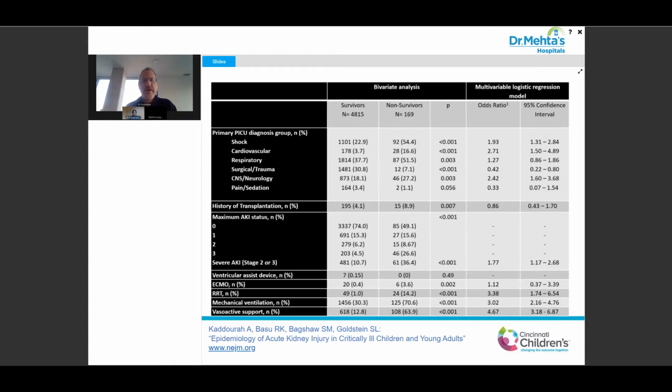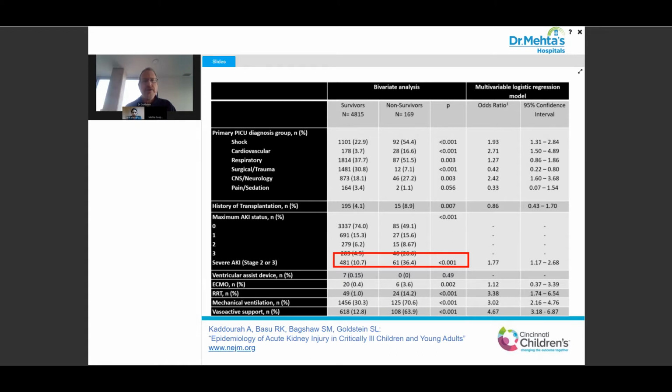And when we looked at severe AKI stage 2 or 3, 36% of the non-survivors had stage 2 or 3 AKI, whereas only 10.7% of the survivors had stage 2 or 3 AKI.